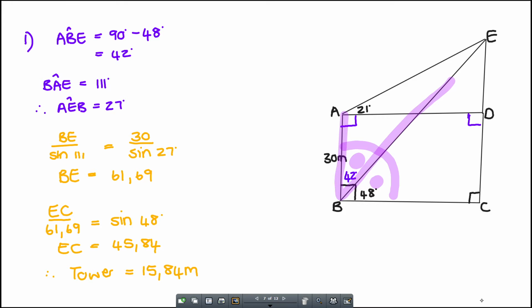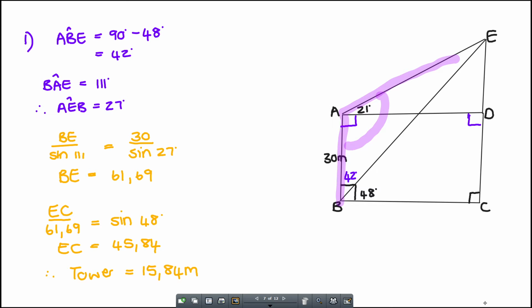Nee. Okay, now that I've got that angle, I also want BAE. Now that's BAE, that full angle. Now, as I said, this will be 90 en 90 plus daai 21 gee dan vir my hierdie 111. You guys good with that?